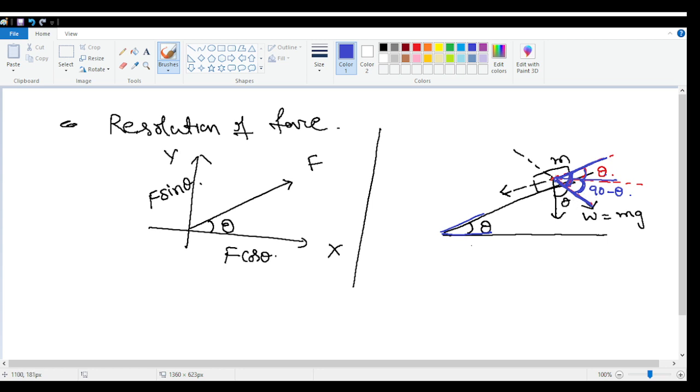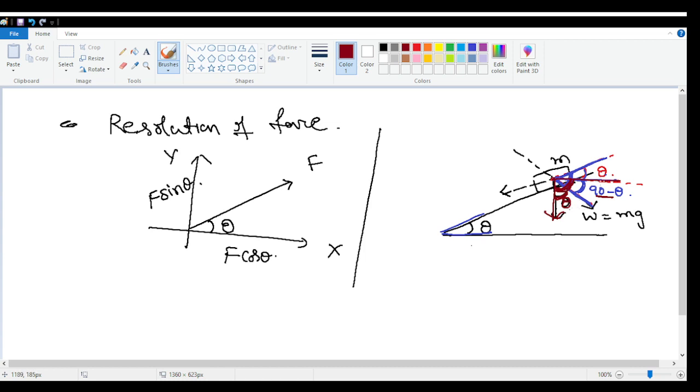Once again, let me take another color, it is better for you. This line and this line are perpendicular. If this is 90 minus theta and the total angle is 90 degrees, what about this angle? This is theta only, that is why I am writing theta.